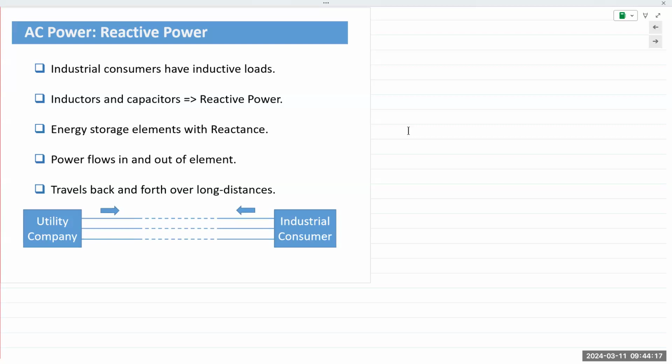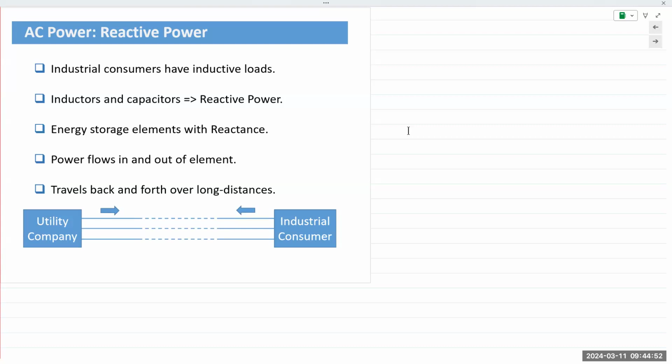All of these machines have electric coils, and an electric coil is an inductor. When you have an inductor, it requires resistive power, real power, as well as power associated with its reactance. The power associated with this reactance is known as reactive power. It has a physical basis in real life, but mathematically we'll model it similar to the way we model reactance, which is using complex math and imaginary numbers.